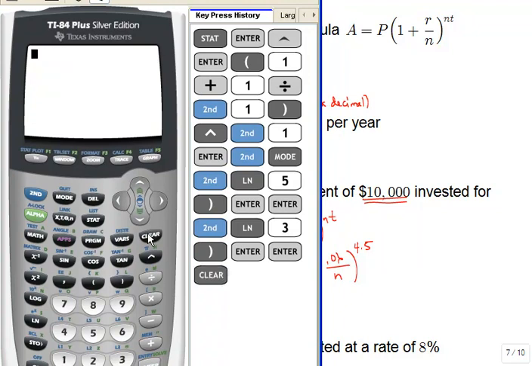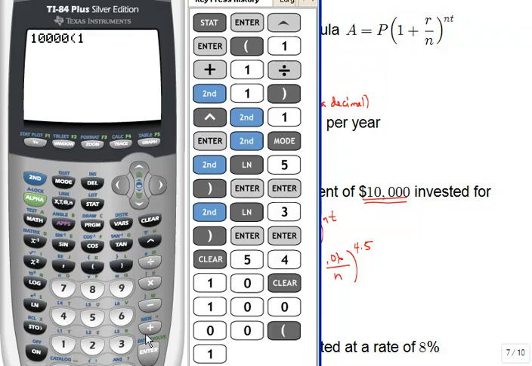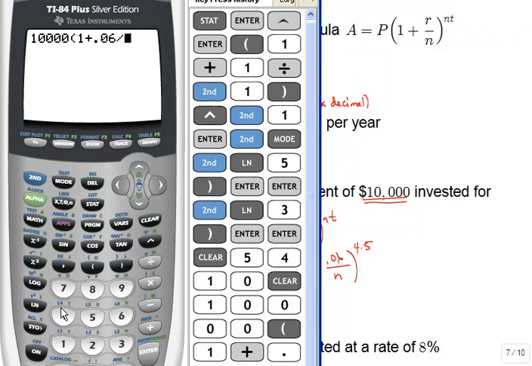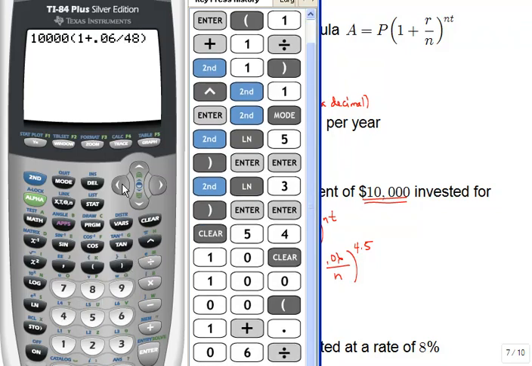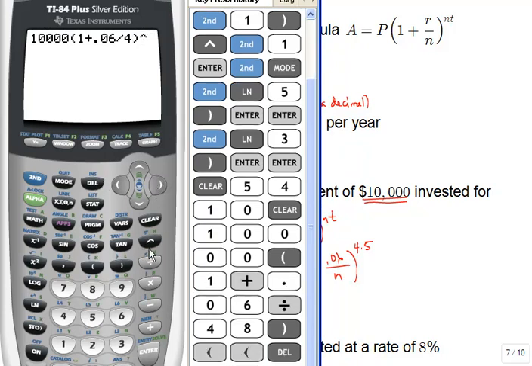So we're going to type in 10,000, parentheses 1 plus 0.06 divided by 4, parentheses, and I'm raising all of that to the power.